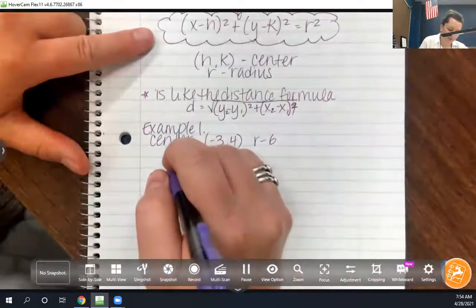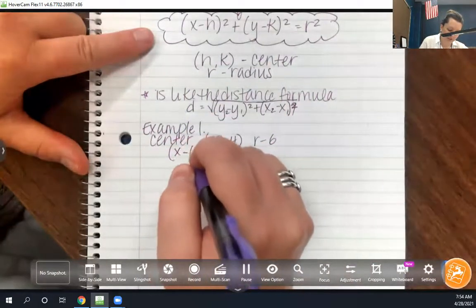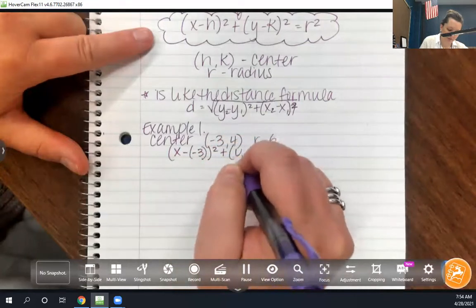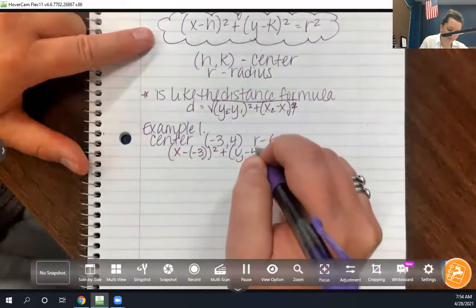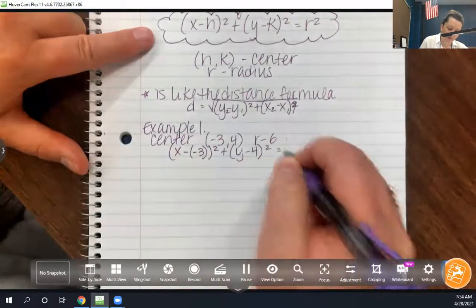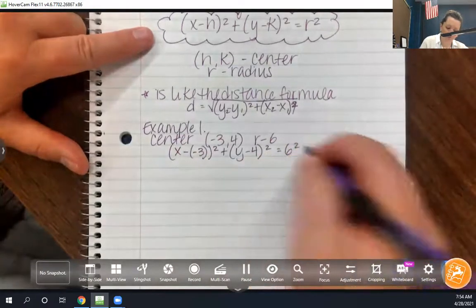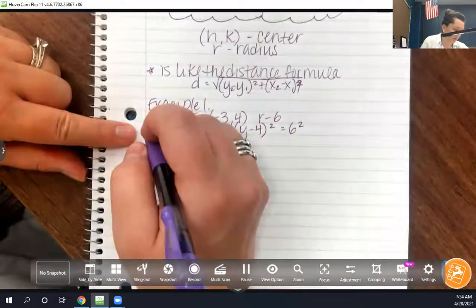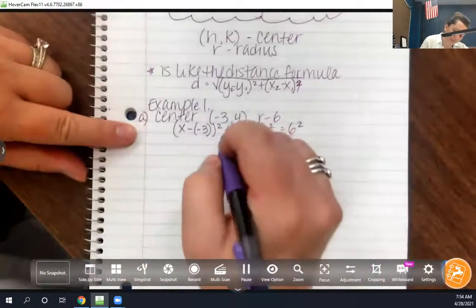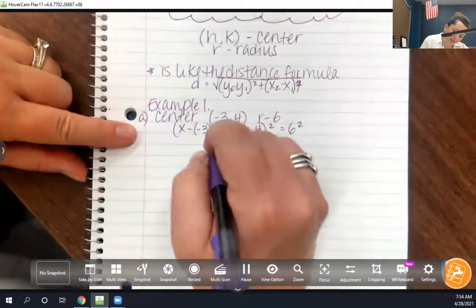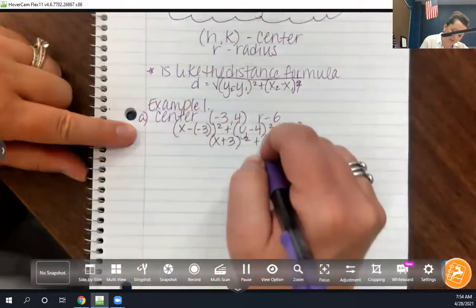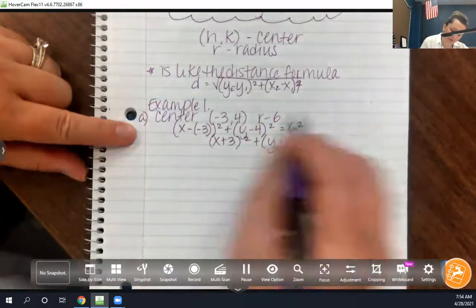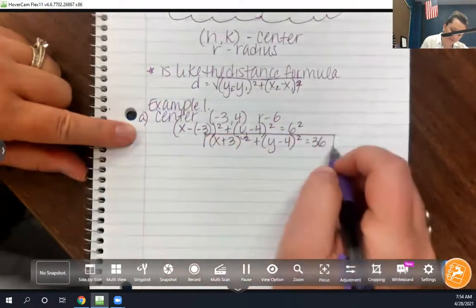So when I plug those in, x minus a -3, plus y minus 4 squared equals 6 squared. So if we simplify this, then my equation of this circle is (x + 3)^2 + (y - 4)^2 = 36. Simple as that.